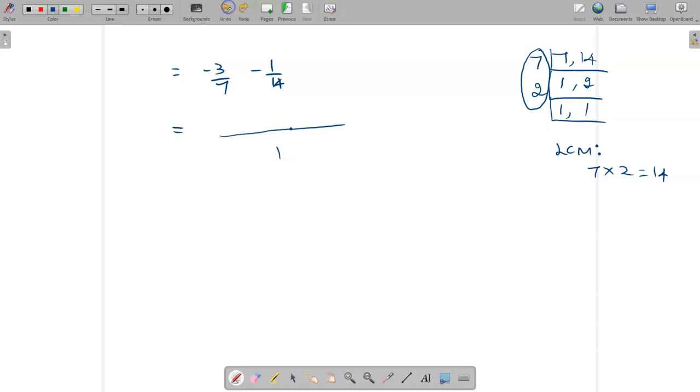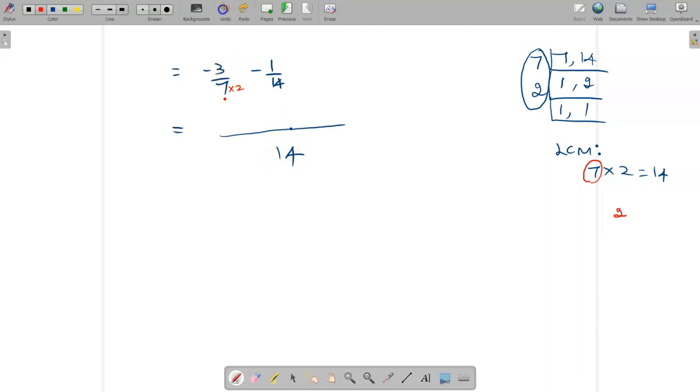So we are taking the LCM as 14. Now we need to check. In order to get 14, see the denominator of the first term, which is 7. Leave 7, the remaining term is 2, so I need to multiply both numerator and denominator by 2. 7 2s are 14, 3 2s are 6.